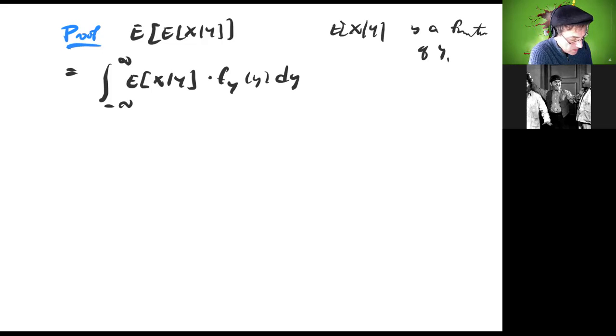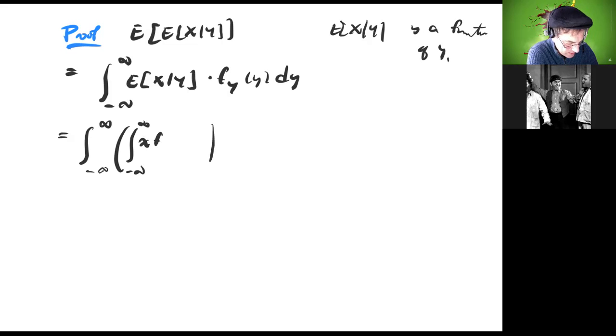Okay, so now what is this? This is given by the integral from minus infinity to infinity. Let's plug in what this expected value is. This is the integral from minus infinity to infinity of x times the conditional PDF f_{X|Y}(x|y) dx.